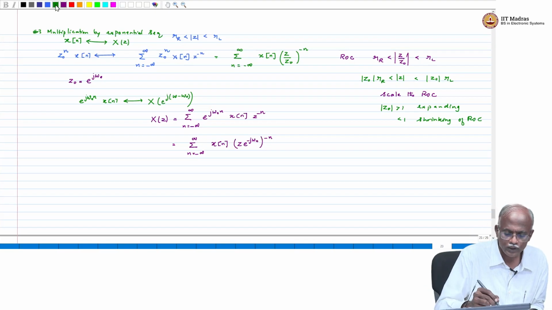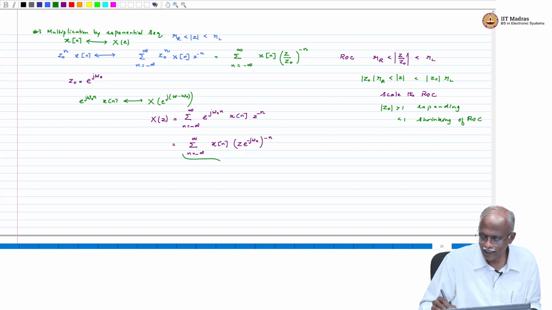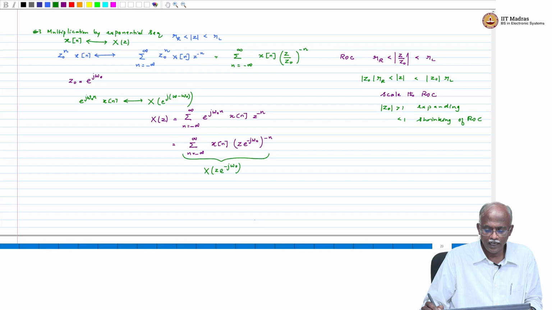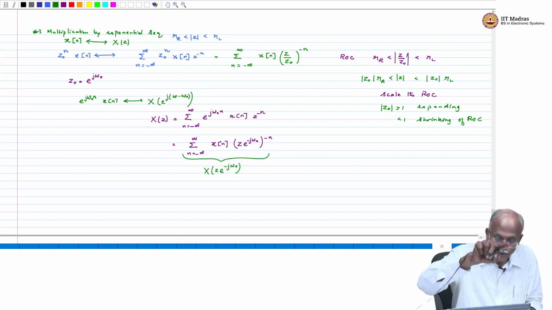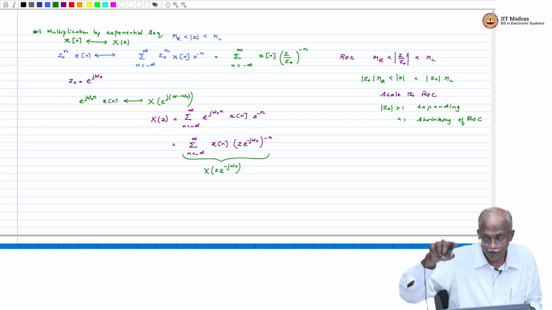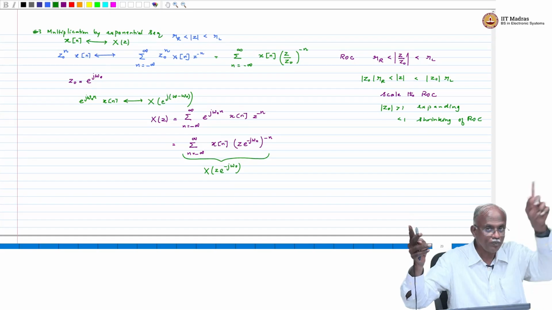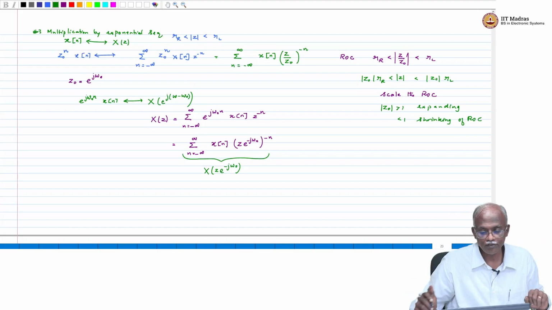So this is the same expression as X of z, but z has been replaced with z e power minus j omega naught. Now if you were to look at it on the unit circle, that means z is equal to e power j omega, what you will get is e power j (omega minus omega naught), which will be the same as the original DTFT property.